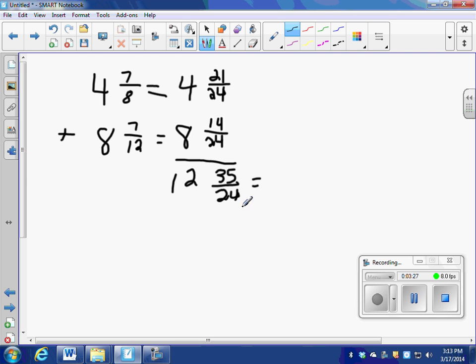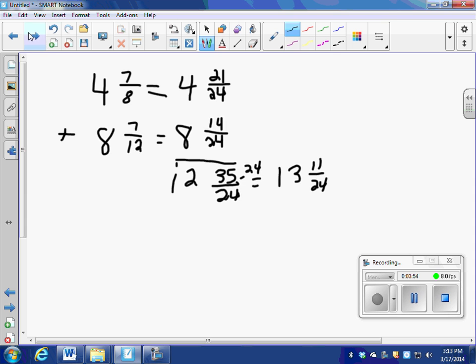So I'm going to go ahead and take away 24 24ths, and I'm going to carry it over to my wholes. So that's going to give me 13 wholes and 11 24ths left over. So there's my answer, 13 and 11 24ths.